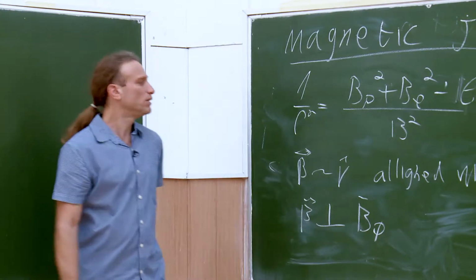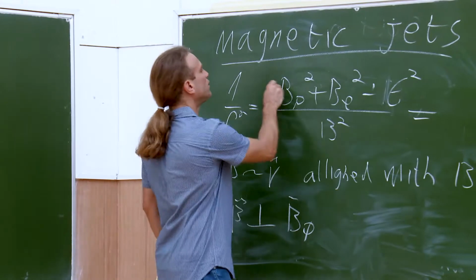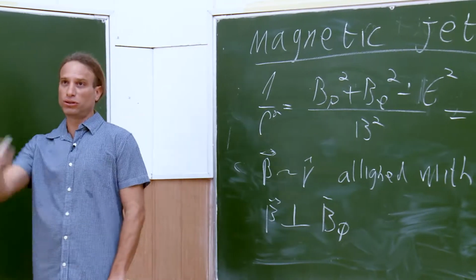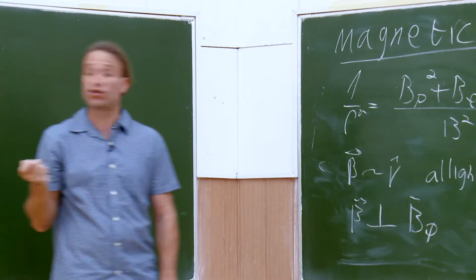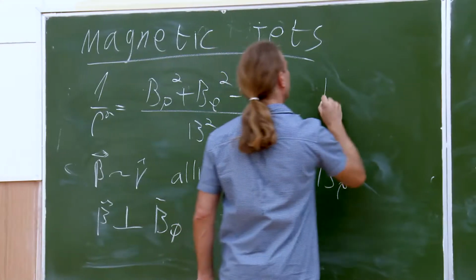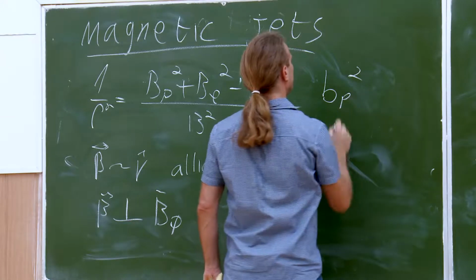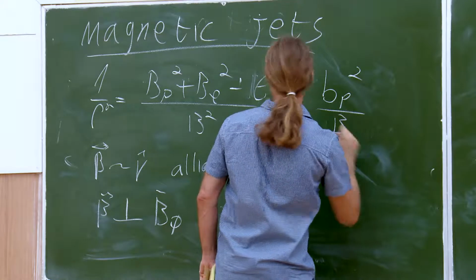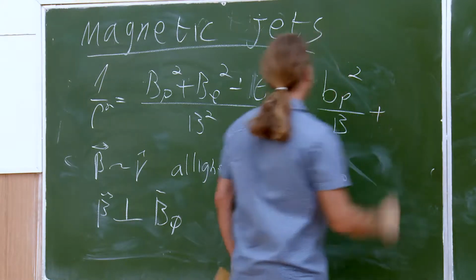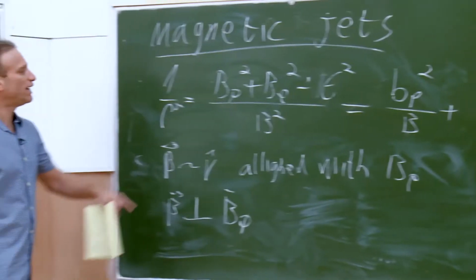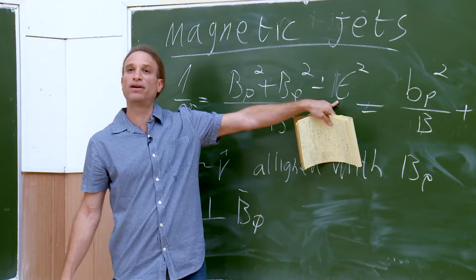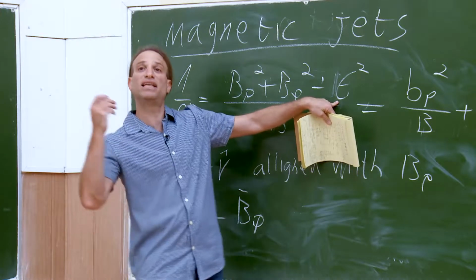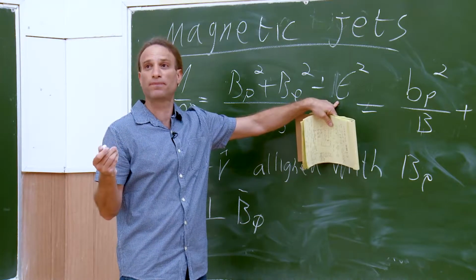Okay? So if BP is directed along the motion, within the rest frame it doesn't change. So this is equal to BP square divided by B square, plus another thing: this quantity, B phi square minus E square, is roughly the toroidal field within the rest frame.